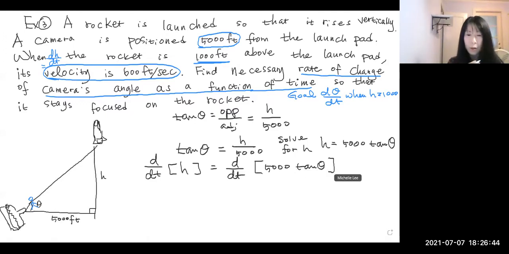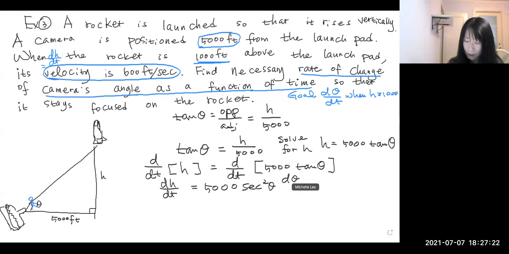All right, so on the left side, what do you get? We get dh over dt. Yes, so we have dh over dt. And then on the right side, what do you get? 5,000 secant squared theta times d, what would the d be there? d theta dt. Good. Okay. So secant squared theta d theta over dt.